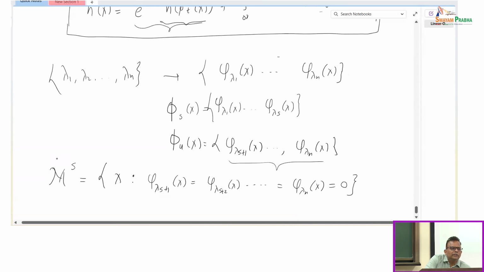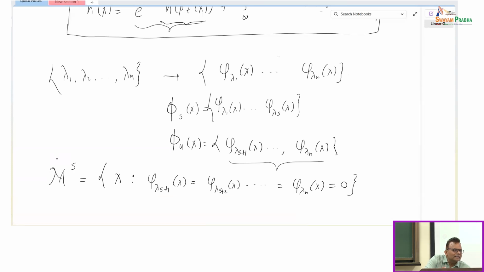So this is basically the joint zero level set. These are the set of all points where all these eigenfunctions are identically 0. Of course this is a very small set, but that's what the stable manifold is.